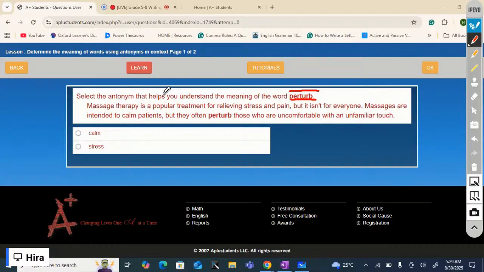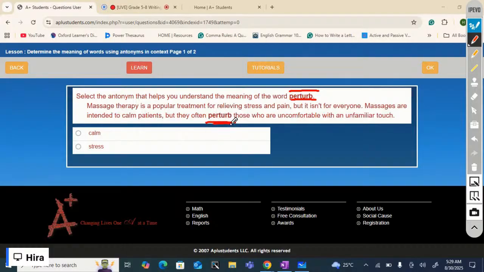Let's read it again. Massage therapy is a popular treatment for relieving stress and pain, but it isn't relieving for everyone. Massages are intended to calm patients, but they often perturb those who are uncomfortable with an unfamiliar touch.